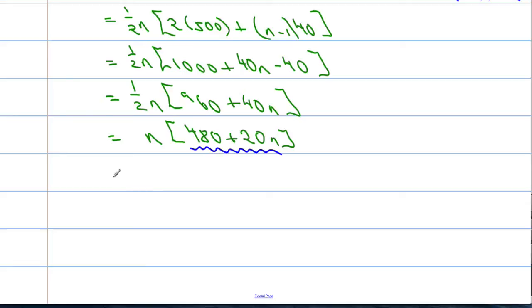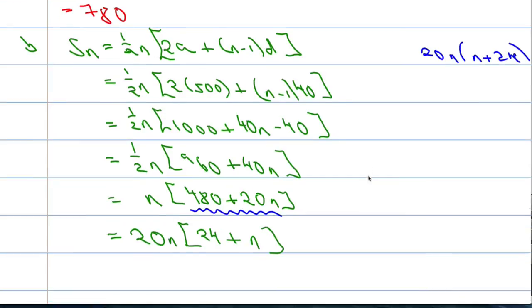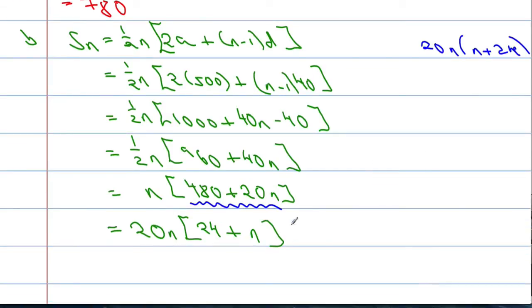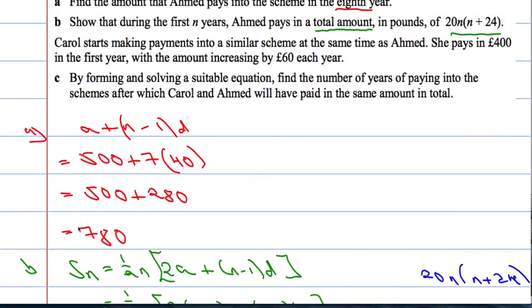The common factor in this case is 20. So factor out 20, we get 20n times 24 plus n. Hopefully you can see that 24 plus n is actually the same as n plus 24, so that worked out nicely for us, and hence we've shown what we were asked to show.